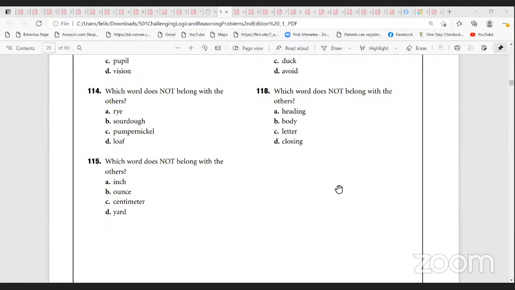I say it's ounce. And why did you say ounce? Because I think it's talking about the mass of the object. Good. You're correct. The others, the inch, the centimeter, the yard, are talking about length, while ounce is talking about weight, mass.